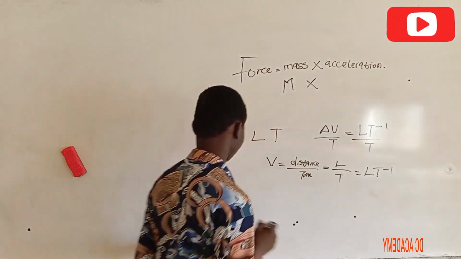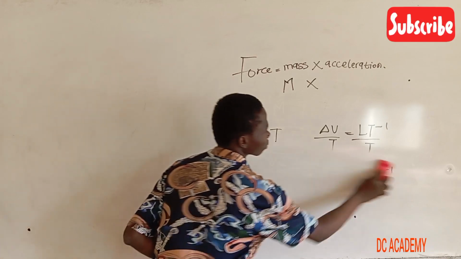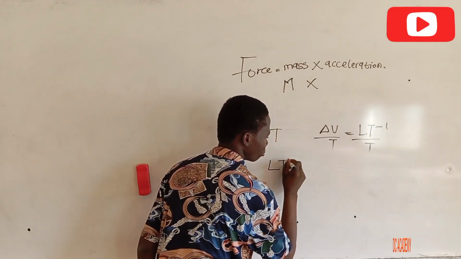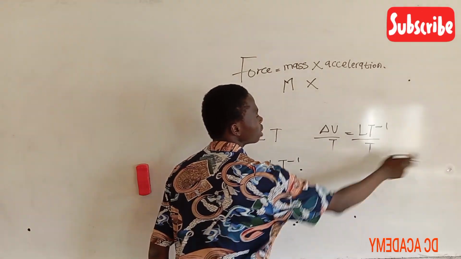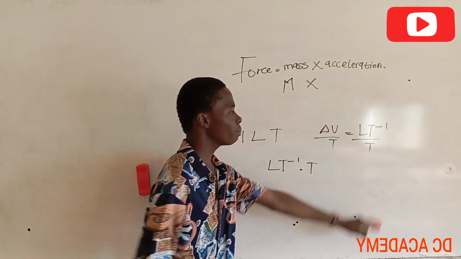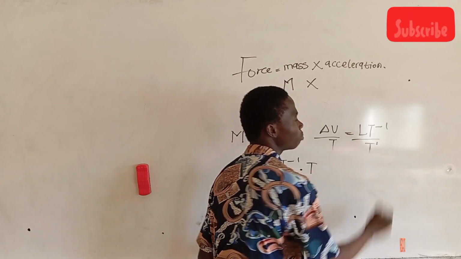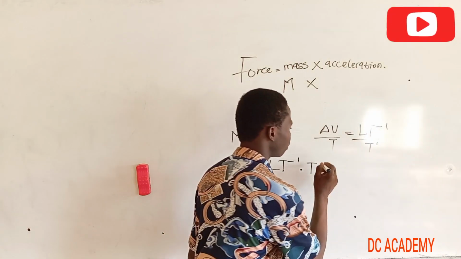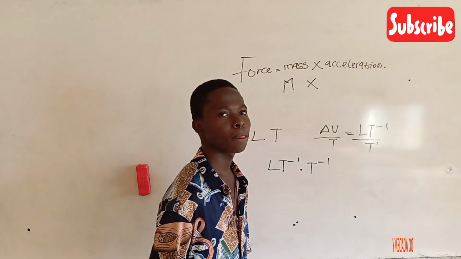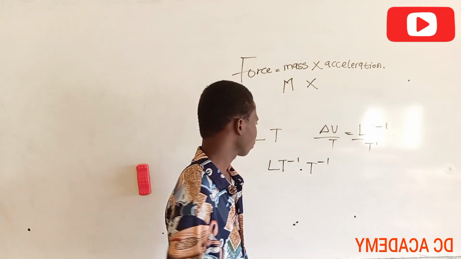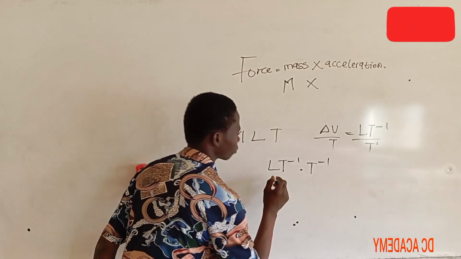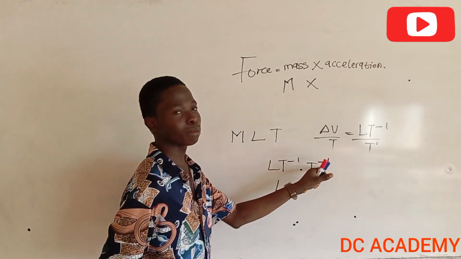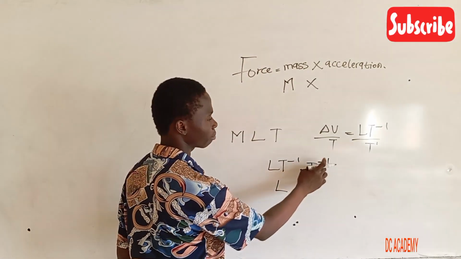Now, when you take the time up, LT minus 1 over T, bring it up. Remember, time carries a positive sign here, a positive one. When you bring it up, it now has a negative one. Do you understand it now? So you have minus 1 and minus 1.